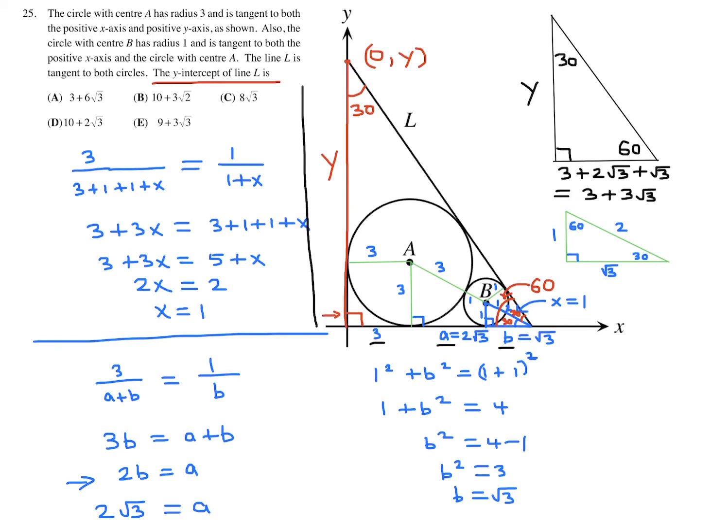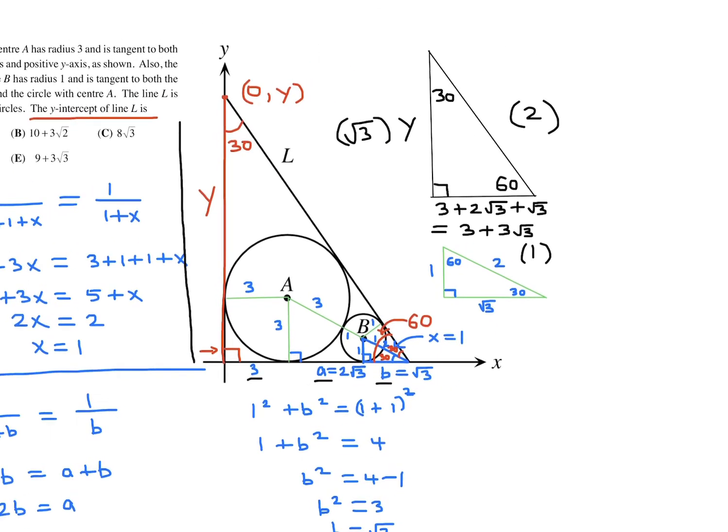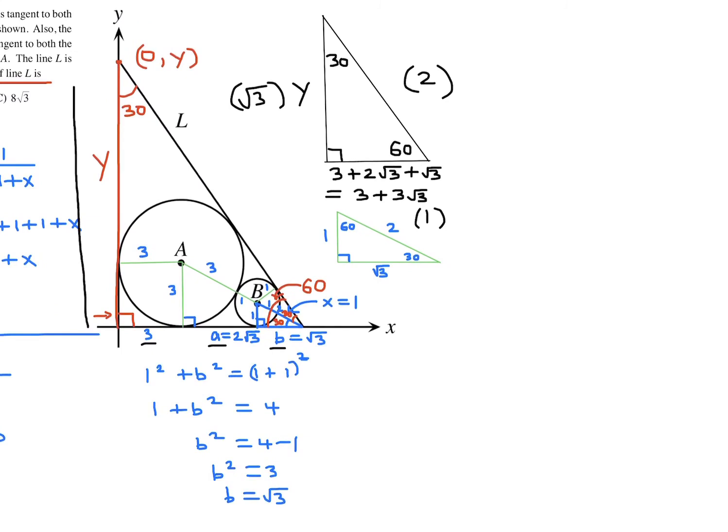So now we can use the ratio of the sides, which in a 30, 60, 90 triangle are 1, root 3, and 2. All right? So let's calculate that. So that means that y over the base, which is 3 plus 3 root 3, is equal to the ratios, which is root 3 over 1.